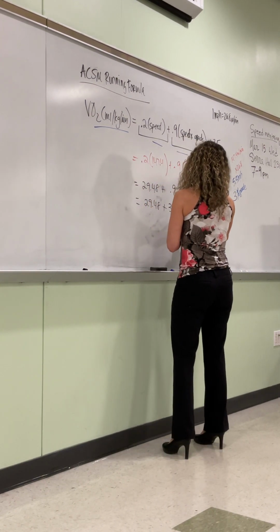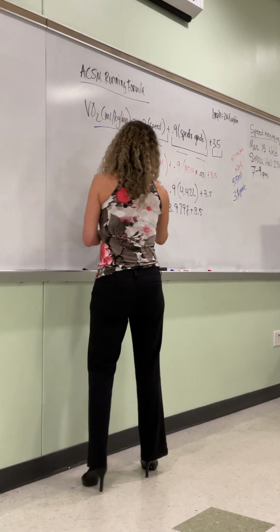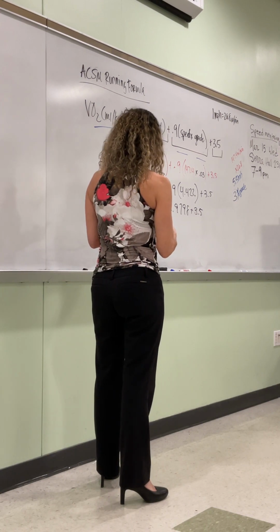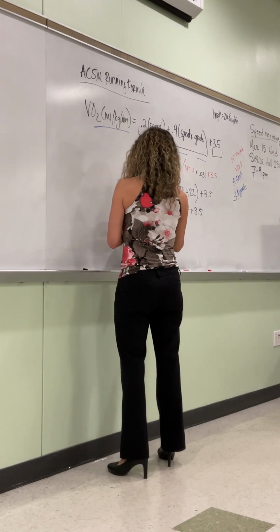Don't round in between these steps, please. Keep the numbers, write them all the way out. We just need to add all this together. And at the end, we can round to 2 decimal places.